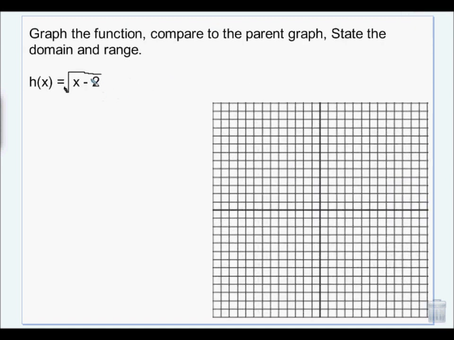Now here I have that -2 that's inside, so this is the h. So it's negative, so I'm going to move 2 spaces to the right. Okay, so again my parent function would be here.